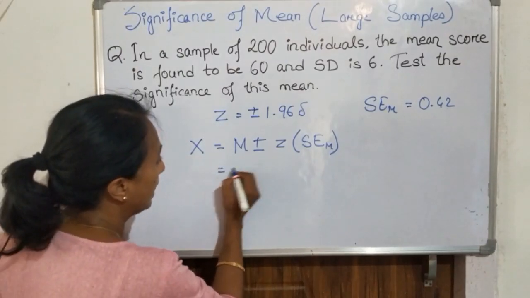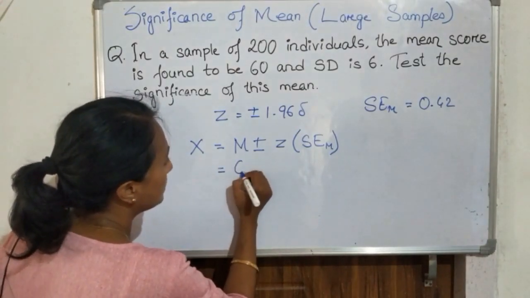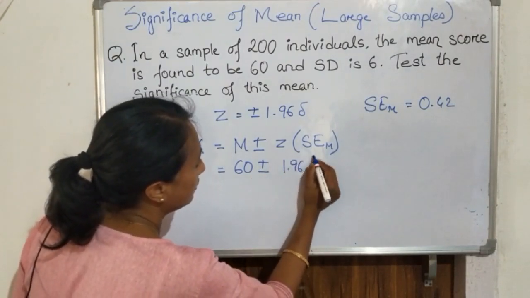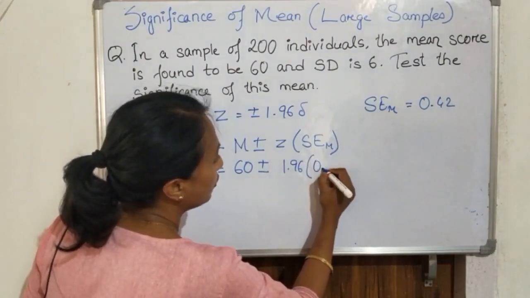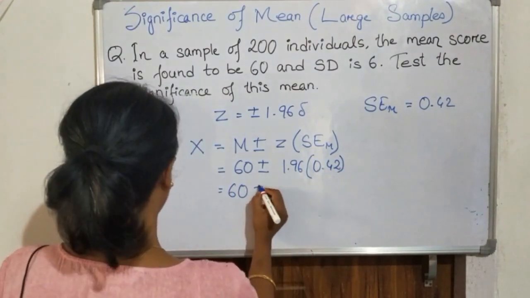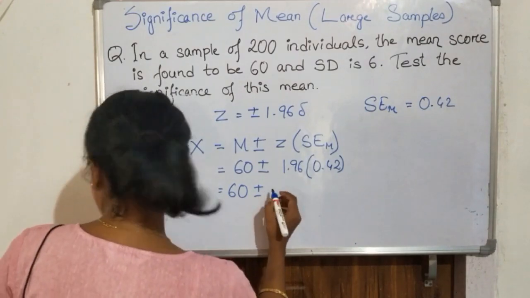So X is equal to M plus minus Z into SEM. Now let us put in the values. M is 60, plus minus Z is 1.96, and SEM is 0.42. So 60 plus minus this comes to 0.82.